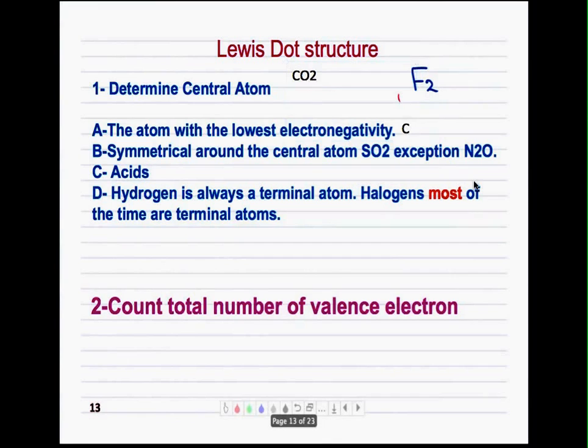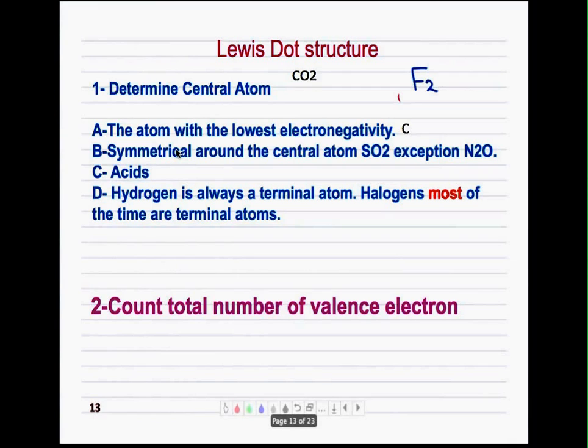Now, most of the time the molecule is going to look symmetrical. In the case of CO2, that's the plane of symmetry. There are exceptions for symmetry, and N2O is one of them. Hydrogen, if we have a hydrogen in the molecule, is always going to be terminal, even if it is more electronegative than the central atom, or less electronegative than the central atom.